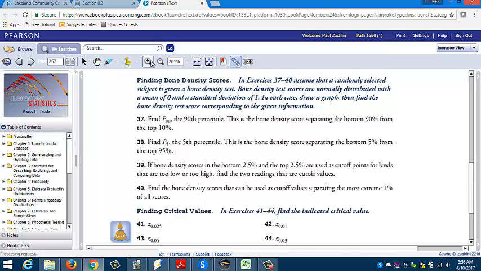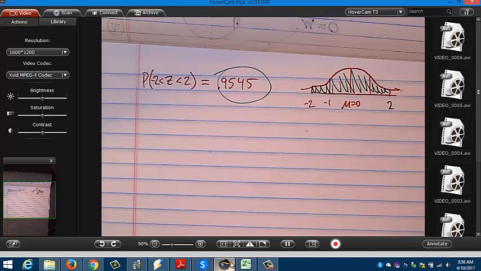And what they do is they just put it on as a standard normal distribution. So what would it mean if you have a negative bone density score? Well, let's look at this picture. If we look at the bell curve, the way they do bone density scores is they plot them on a standard normal distribution.